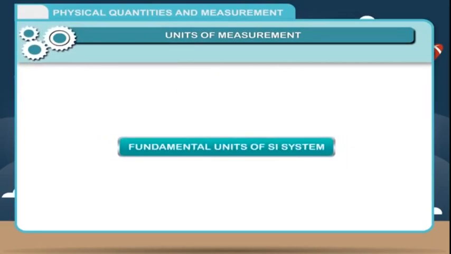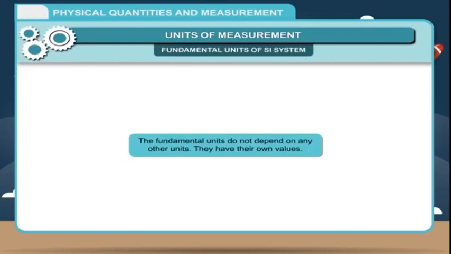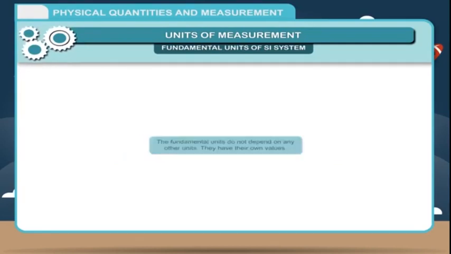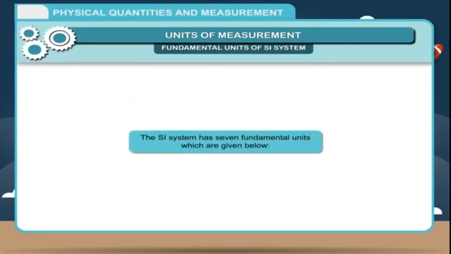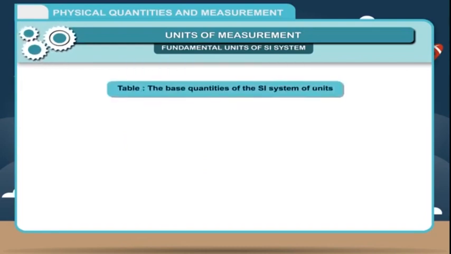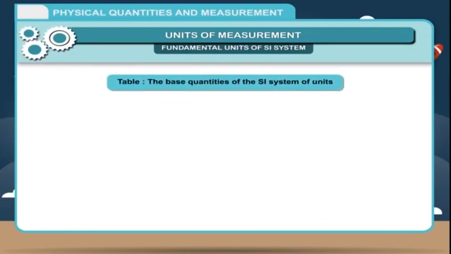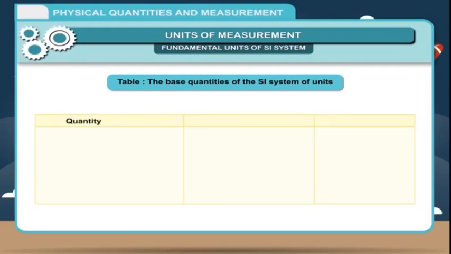Fundamental units of SI system. The fundamental units do not depend on any other units. They have their own values. The SI system has 7 fundamental units which are given below. Table. The base quantities of the SI system of units. Quantity, unit, symbol.